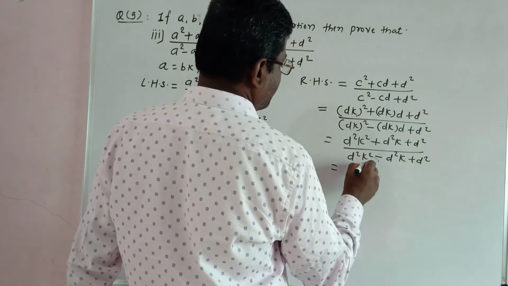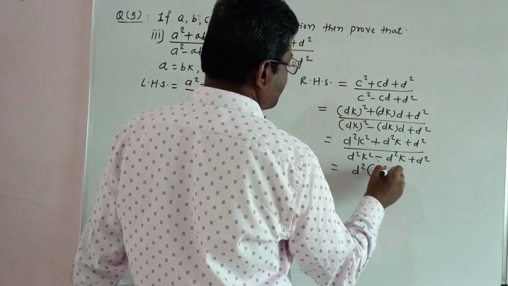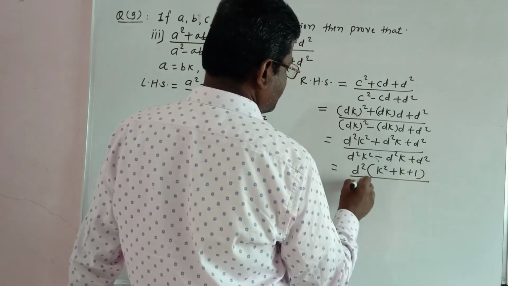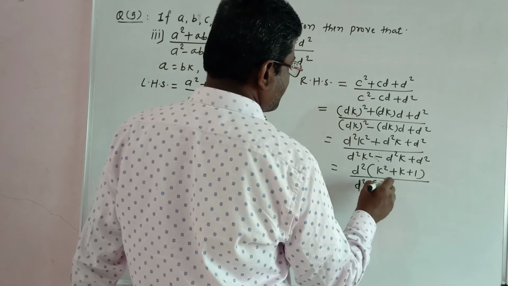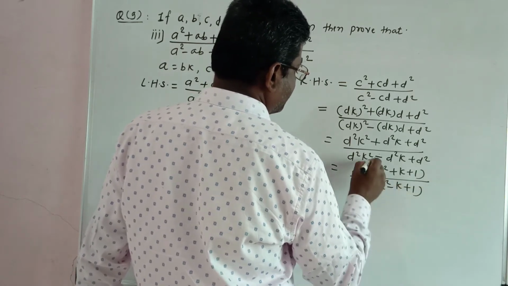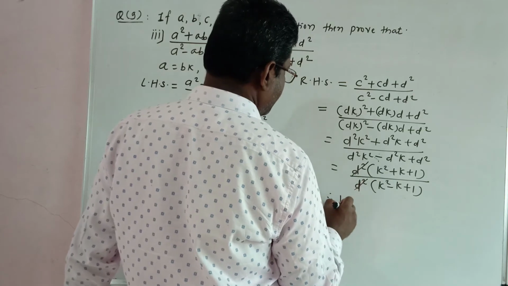Now take d square common in bracket k square plus k plus 1, upon d square in bracket in the denominator common k square minus k plus 1. d square cancel.